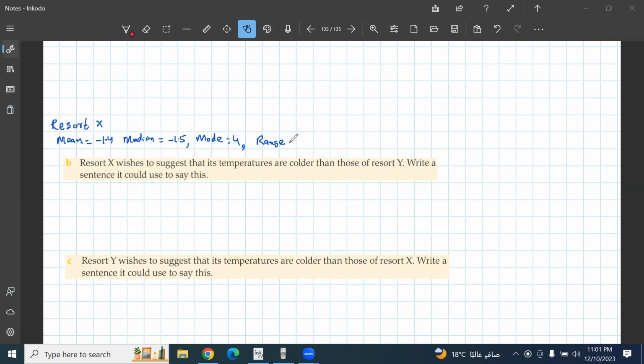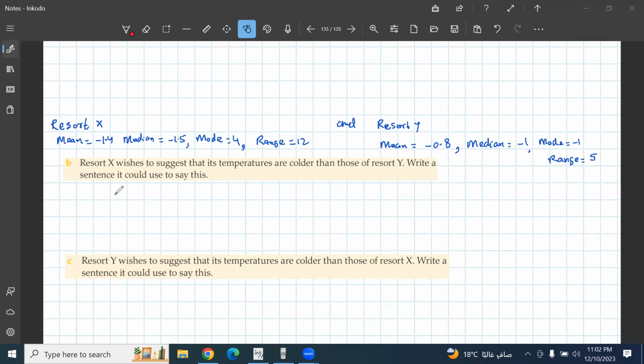What was the range? 12. And for resort Y, we found the mean, that was negative 0.8, one significant figure. Median negative 1, mode negative 1, and lastly we found the range, which was 5. So these answers will help us to give these answers.